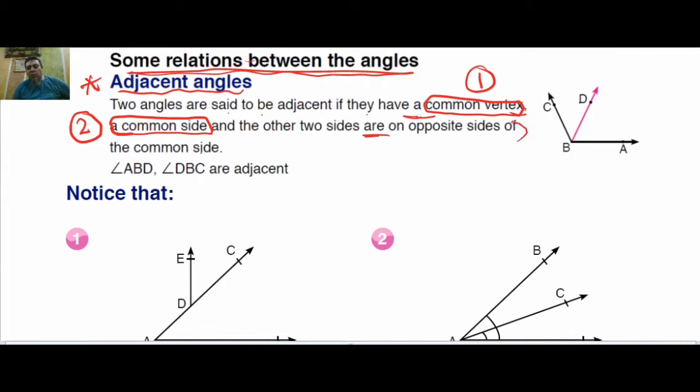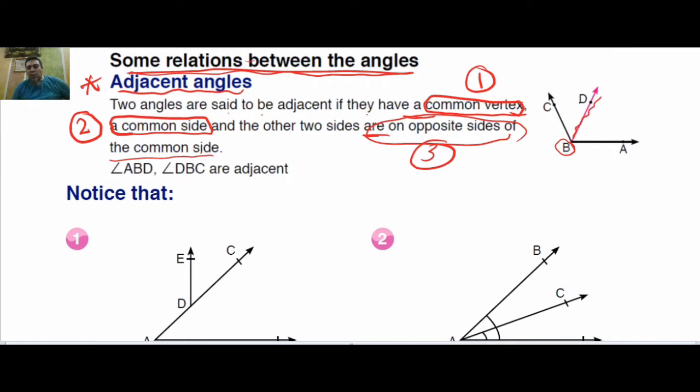So we have three conditions for the angles to be said to be adjacent. Number one, common vertex. Number two, common side, BD.